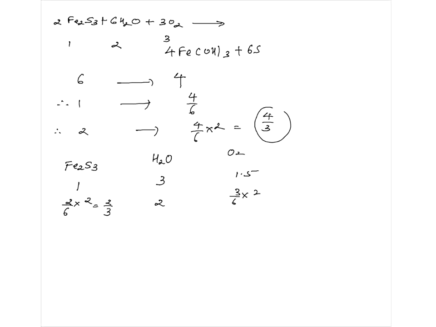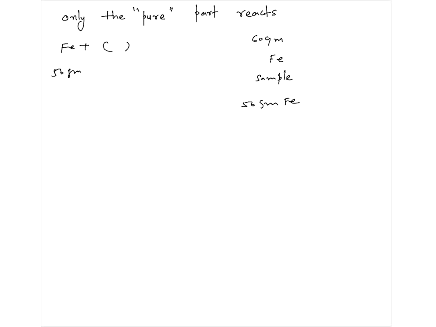But in reality, if you take some sample of Fe2S3, for example, or for any other reaction, say iron is reacting with somebody, and you have taken a sample of iron, then it will not be just iron.